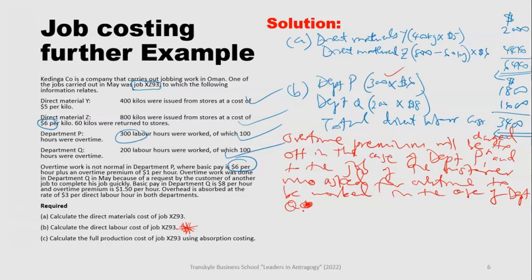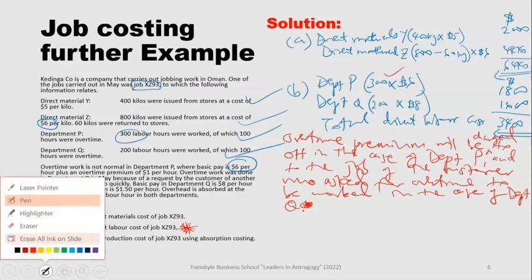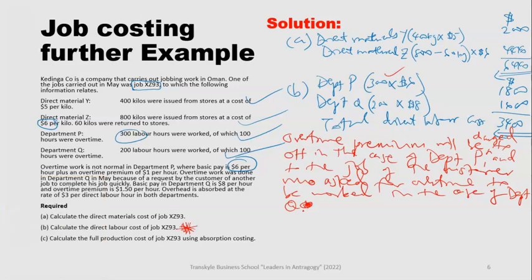Now, calculate the full production cost of the job. Here now, you can see that some of the overheads are going to be required. So let us now deal with part C, which now requires the full production cost.